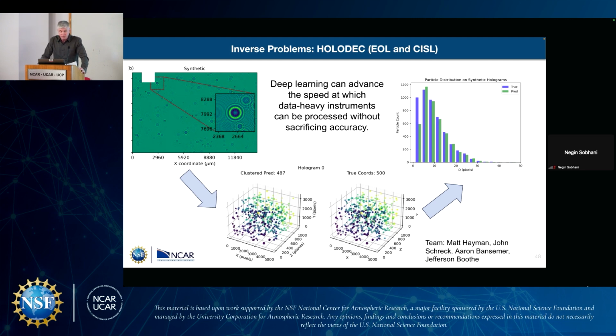Historically, this has been done through some fairly computationally intensive physics-based processes. Miles has had some really good success using machine learning techniques to reconstruct the positions and sizes and shapes of these particles. The ML-based approach is more computationally efficient and in many cases more accurate than what we're getting with the physics-based methods.